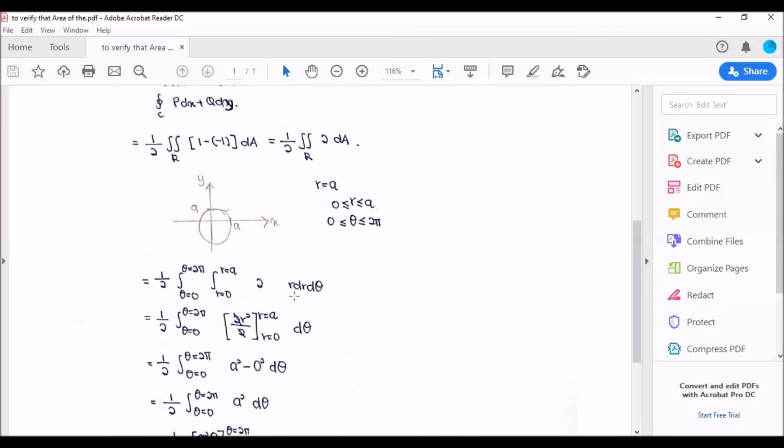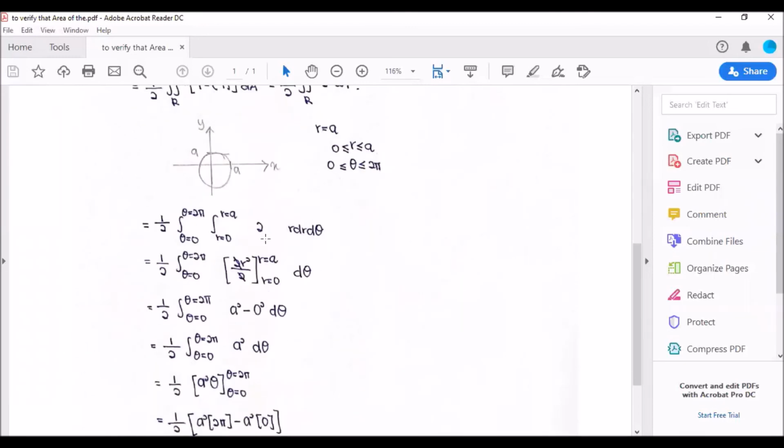Since dr comes first, the region for r will be beside the number 2 and then theta. Don't forget to write r and theta like this because we can avoid silly mistakes. So r is from 0 to a and theta is from 0 to 2 pi. It can help you a lot in your exam later.